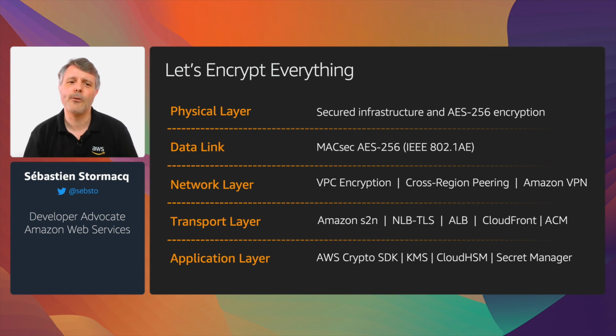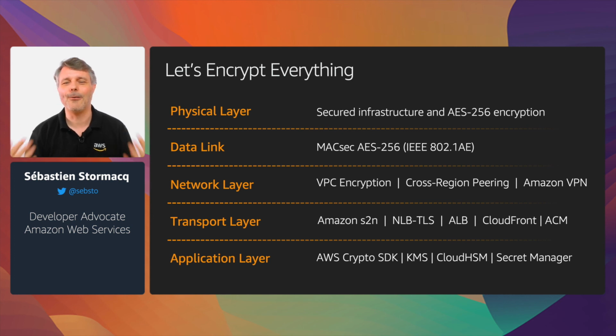We also talked about the transport layer and the clean room implementation we did of TLS and SSL that you can reuse for your own application, but that we deploy on the TLS-enabled endpoints, such as the Network Load Balancer, the Application Load Balancer, CloudFront. And I also talked about AWS Certificate Manager that you can use to manage for free the certificates you're going to deploy on your SSL endpoints.